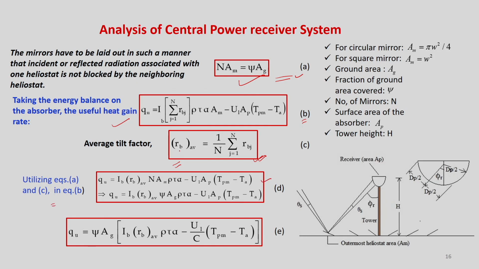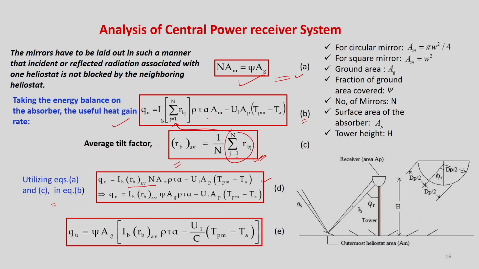Okay. Just what we are doing, we are introducing R_B average. So, this expression is multiplied by N. If we multiply N on both sides, then what will happen? N into R_B average, okay. So, this part, which we expressed in equation B, we can replace by this N into R_B average, right.